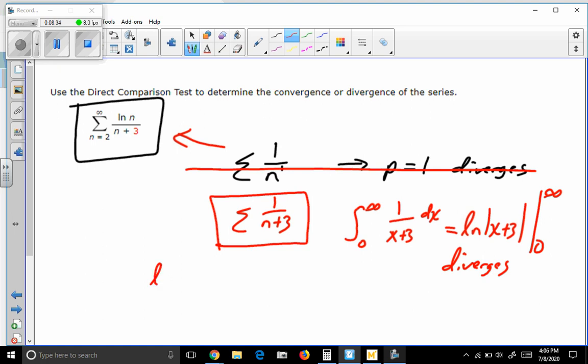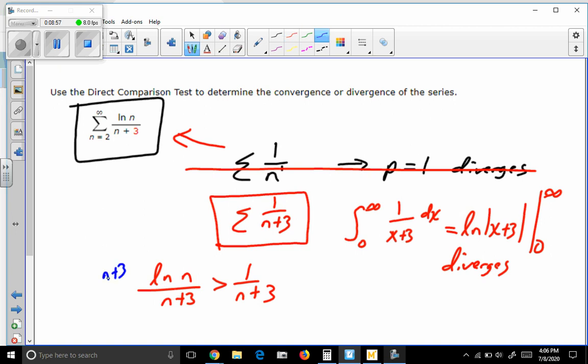So let's see whether or not natural log of n over n plus 3 is going to be bigger than 1 over n plus 3. Since this diverges, if this fraction is typically bigger than that one, then when we add these together, we're going to get a bigger value. So if these go to infinity, that one will also.